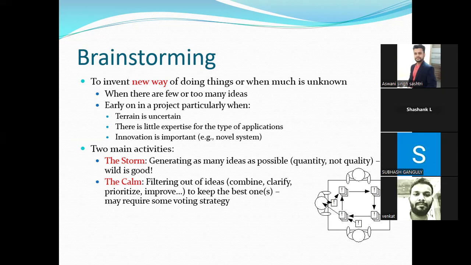Brainstorming. To invent a new way of doing things or when much is unknown. When there are few or too many ideas, early on in project, particularly when terrain is uncertain, there is a little expertise for that type of application. Innovation is an important example. Novel system.